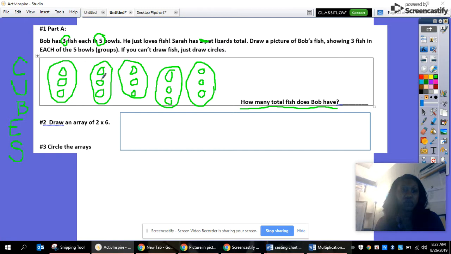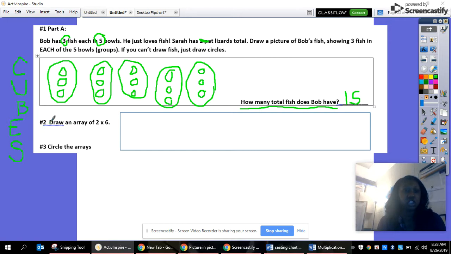I have 3 fish each in my 5 bowls, and I know that if I count this, 3, 6, 9, 12, 15, there are 15 fish. Now I can go on to number 2.